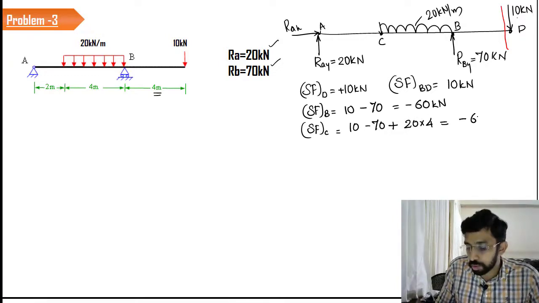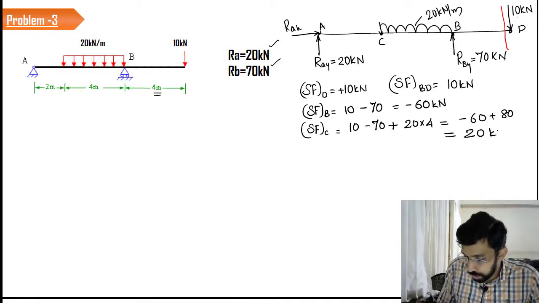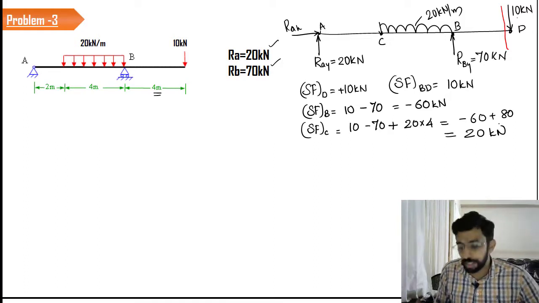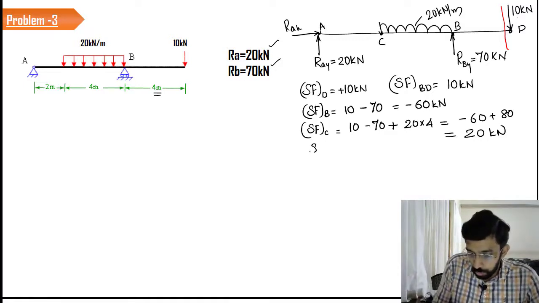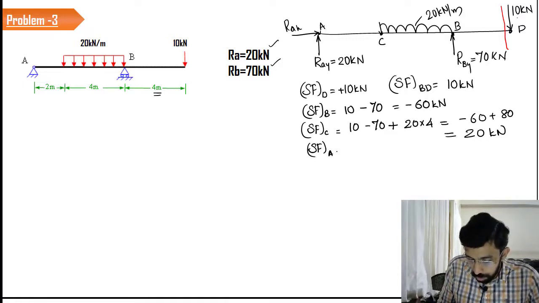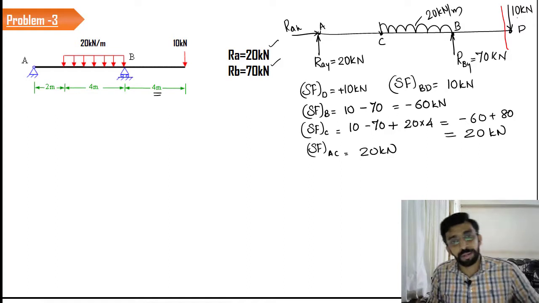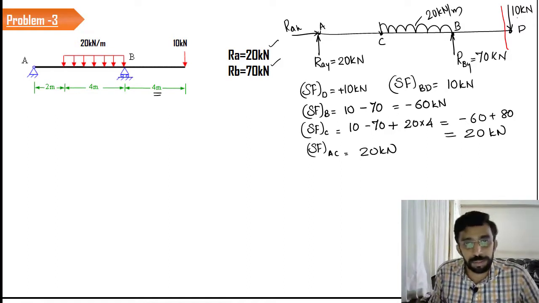So the answer is going to be minus 60 plus 80. So the value is 20 kilonewton. See the change that has happened here. So when you move across AC, again you will be having only the 20 kilonewton, and when you reach the point A, the value is equal to 20 kilonewton.